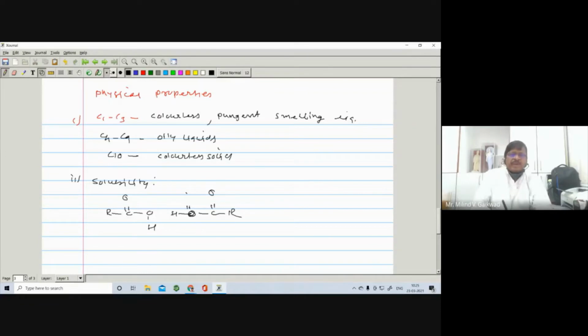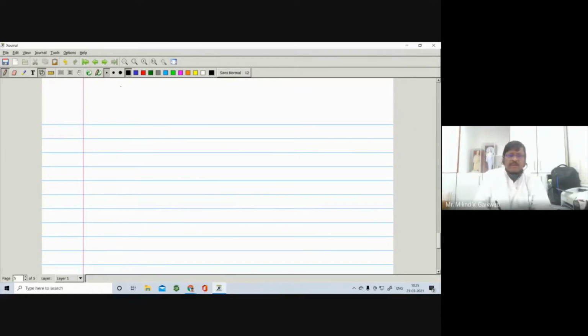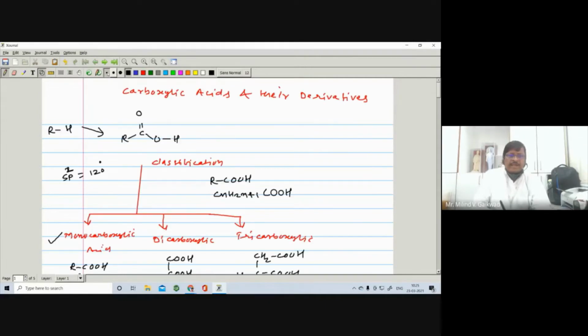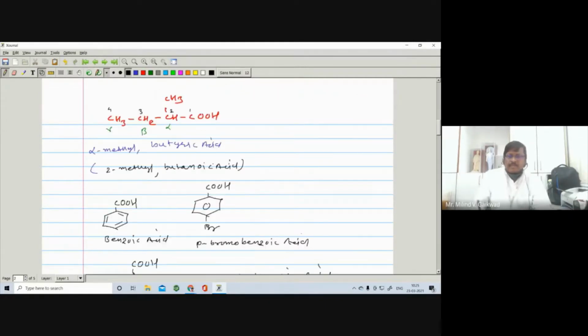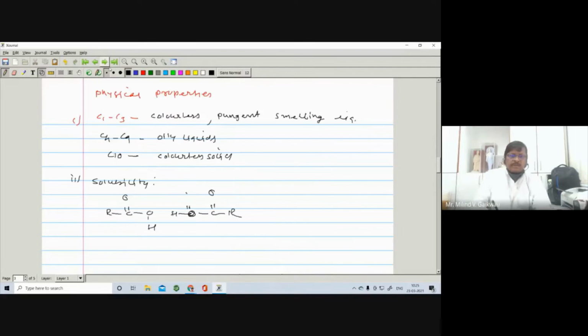Also it can form dimerization. Here it can form a bond with water, so it is soluble in the polar solvent. That's why it dissolves in water.